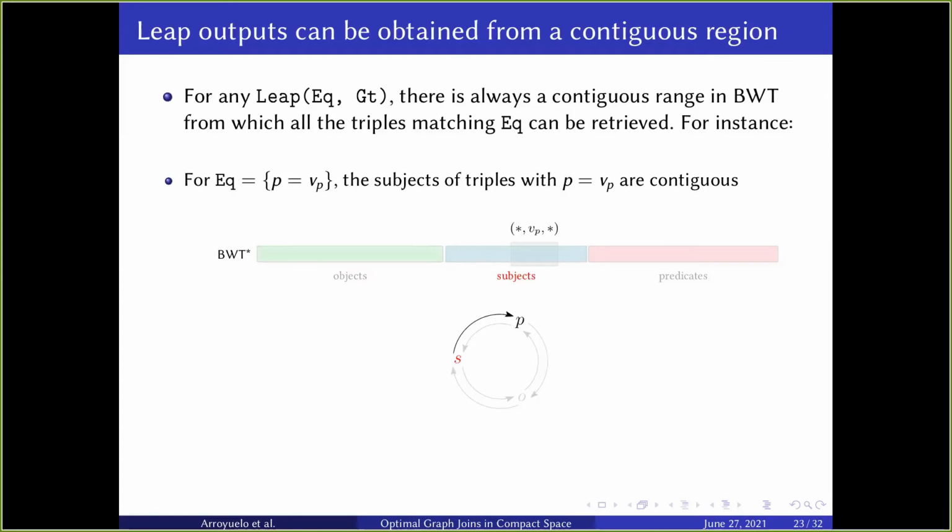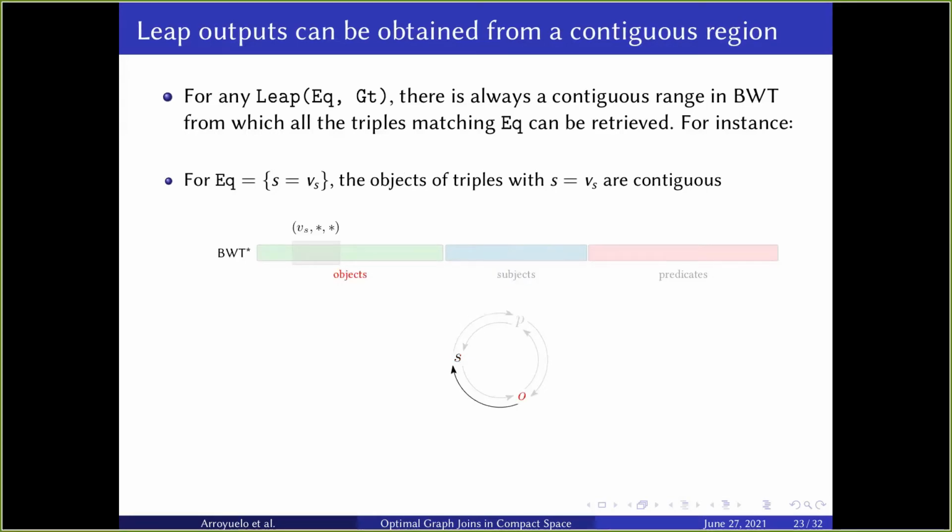If now the set of equality constraints, for instance, has exactly one element, let's say restricting the predicates to be some given value VP, then the subjects of all the triples with this value in the predicate must necessarily, because of the way in which the BWT is constructed, be in a contiguous region inside the zone of subjects in the BWT. The same goes for the other types of equality constraints.